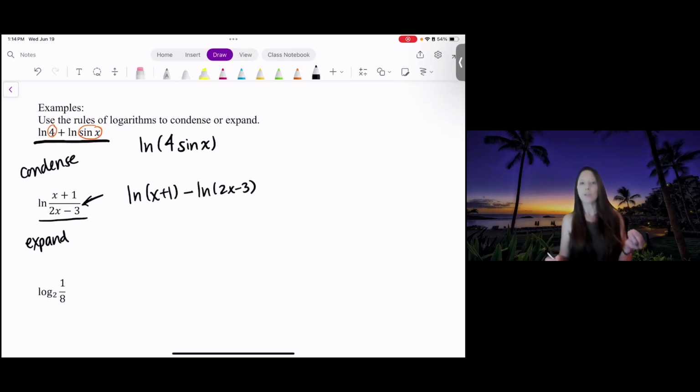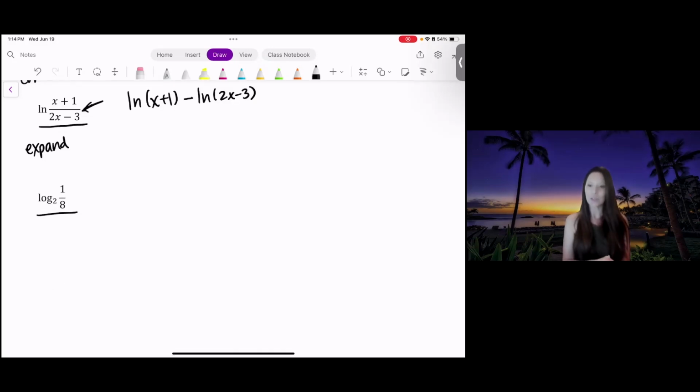I don't write natural log of x plus 1 minus 2x minus 3. I have to separate them with natural logs. I'm rewriting natural log for each of those. I'm not expanding the x plus 1 into multiplication because it wasn't natural log x plus natural log 1. That x plus 1 stays inside, and that is finished.